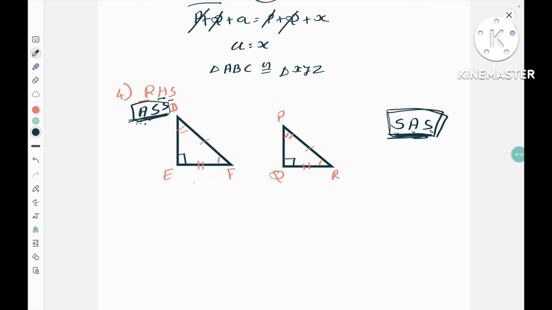So if it is a right-angled triangle, you have an exception to break the order. So these two triangles are congruent. Triangle DEF is congruent to triangle PQR.